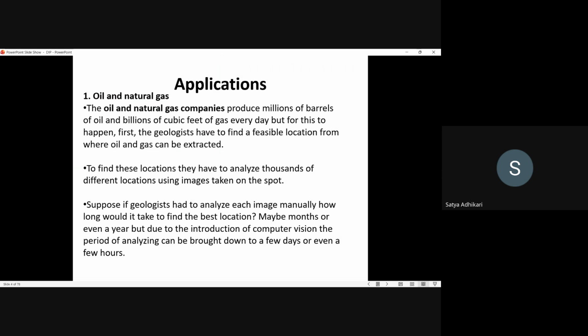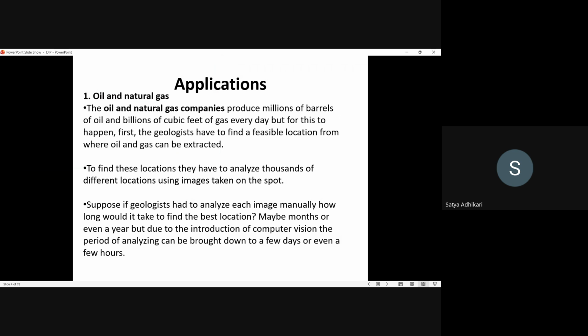Suppose geologists had to analyze each image manually, how long would it take to find the best location? There are thousands of images, lakhs of images. If it is done manually by the geologists, it takes more time, maybe months or even a year. But due to the introduction of computer vision, the period of analysis can be brought down to a few days or even a few hours.